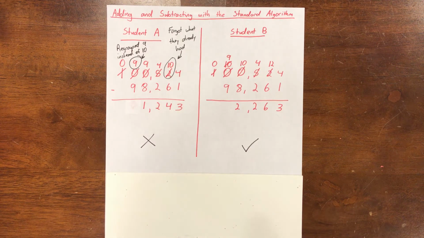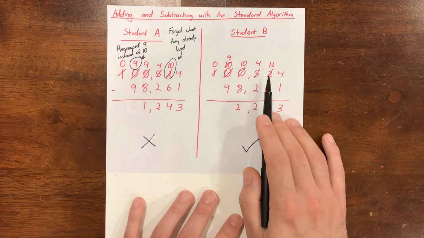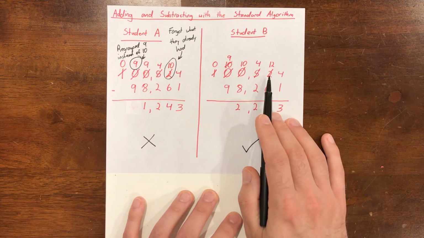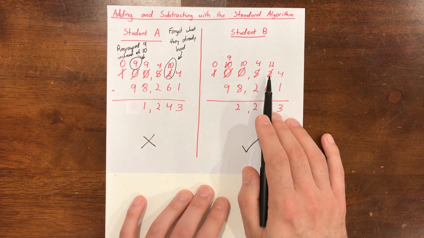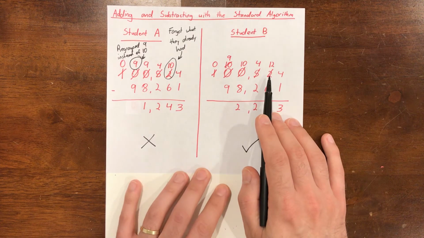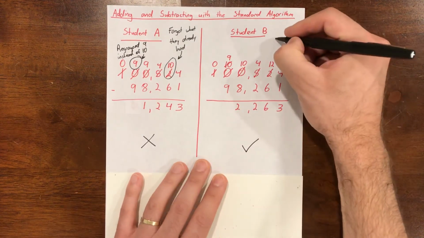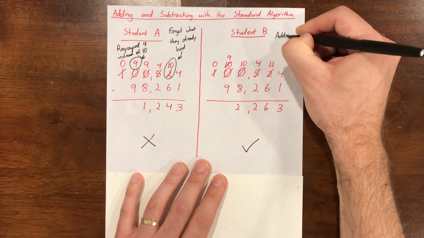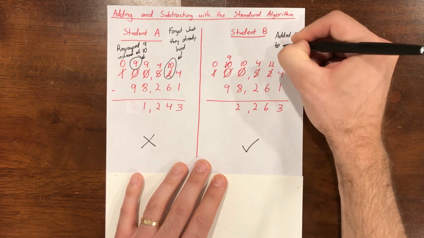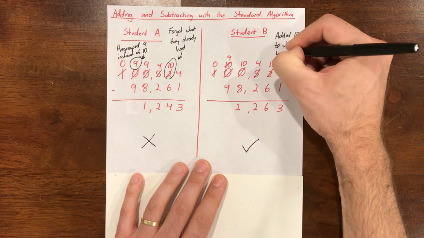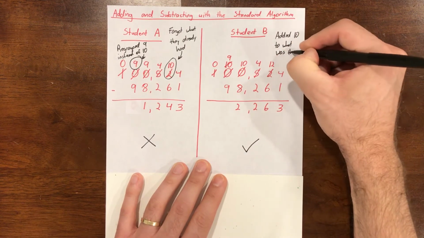Yeah, they regrouped 100 as 10 tens, and then they added 10 tens to the 2 tens that were already there. So I'm going to note for us that they added 10 to what was there.